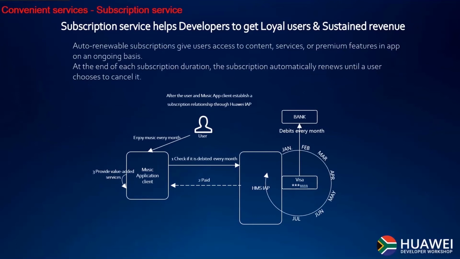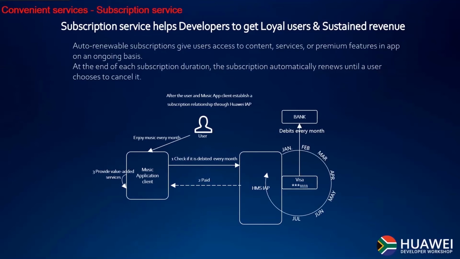After you've configured all those days which your period has to align with, each and every time the period has elapsed, the money will be debited from the user's account and paid to the account that is linked to the Huawei ID that was used for the developer account.